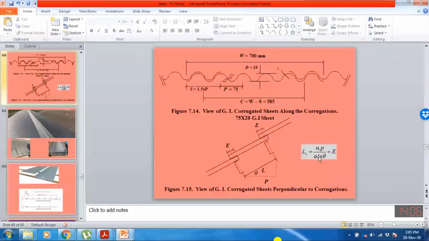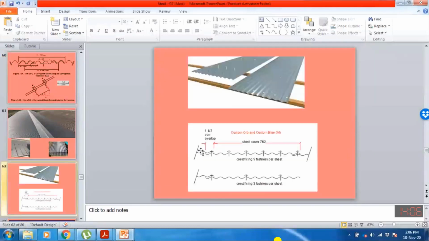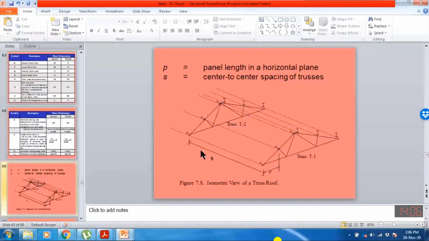Sometimes there is a possibility that we may require only one sheet to cover this entire length. If I am computing this distance, here n represents the number of panels.